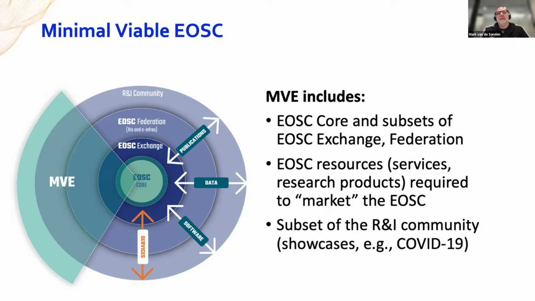And this is more that the MVE, the minimal viable EOSC, is a slice of all this information which is made available through EOSC. And if you look then at what kind of resources are being made available, those are services, but also research products in different kinds of flavors, so that you have data, publications, software, but anything which can be supporting research can be made available through EOSC.